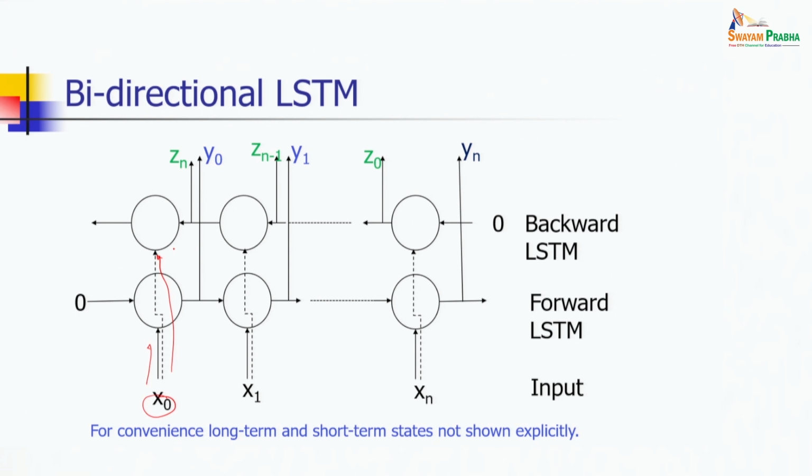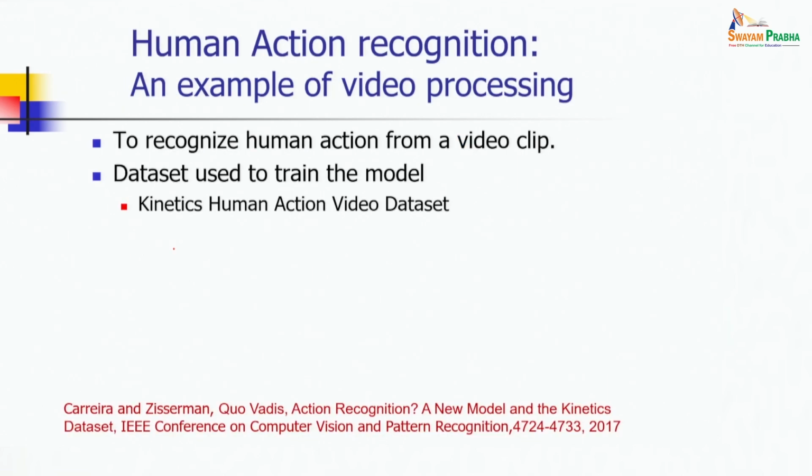Now how you use the output stream depends upon your application, on the choice of what you do with them. So that is the backward LSTM. One particular application that we'll be considering with these base models, and then on top of the base model there are some variations, is extracting features from a video.